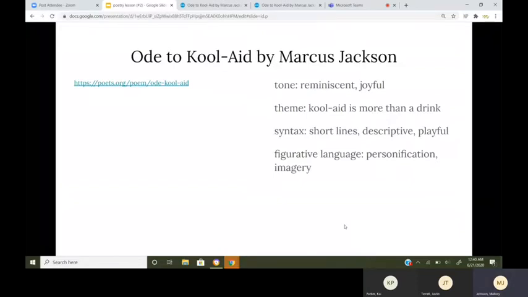And then the syntax, as you saw, the poet used short lines that were descriptive yet playful. And for figurative language, the poet wrote about Kool-Aid as if it was a person and kept referring to it as you. And he also used imagery, as he was talking about the Kool-Aid leaving a mustache on the toddler's lips.